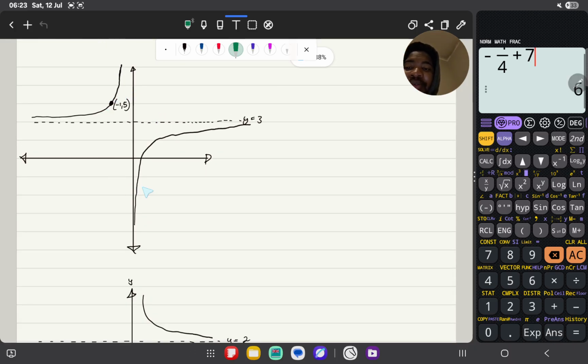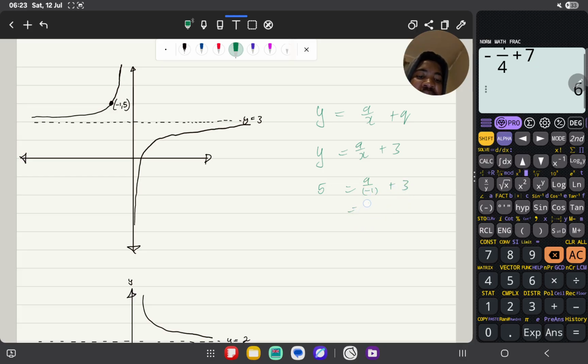So here you have this function, right? What is the formula for our function? You have y equals a over x plus q. You see your q is 3, so y equals a over x plus 3. After substituting this, you then substitute the other point that you have. It's 5 equals a over minus 1 plus 3, right?